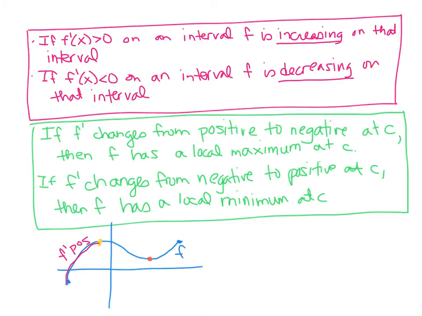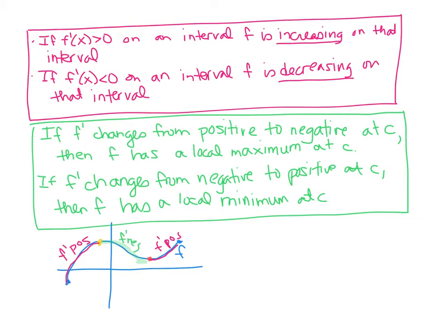The other place where my derivative is positive is going to be at this place right here. My graph is increasing there, so my derivative is positive. However, once it reaches that yellow point, the derivative is going to become negative. So my f prime there is negative.